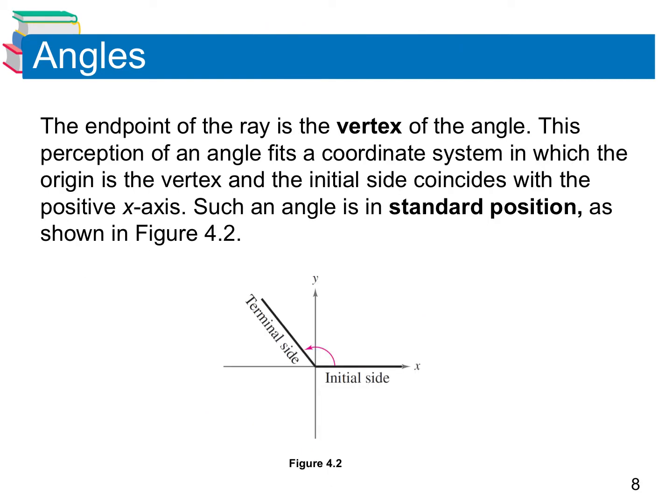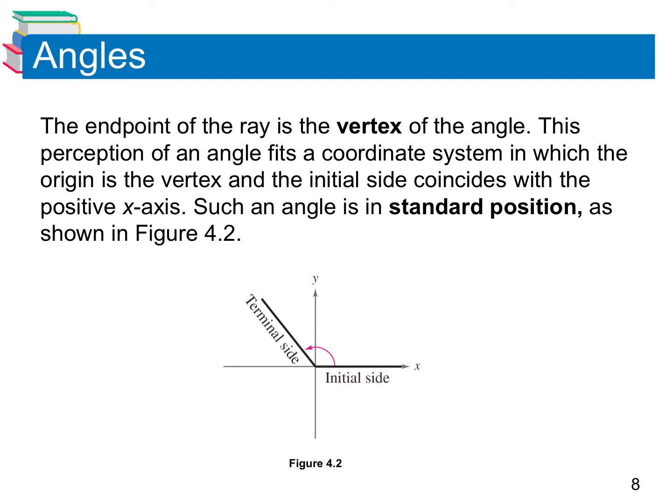The endpoint of a ray is the vertex of the angle, and this perception of an angle fits a coordinate system in which the origin is the vertex and the initial side coincides with the positive x-axis. Such an angle is in standard position, as shown in figure 4.2.